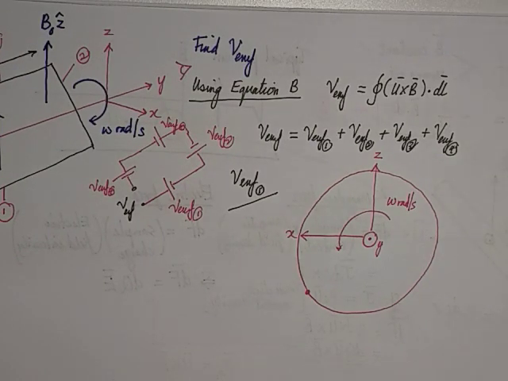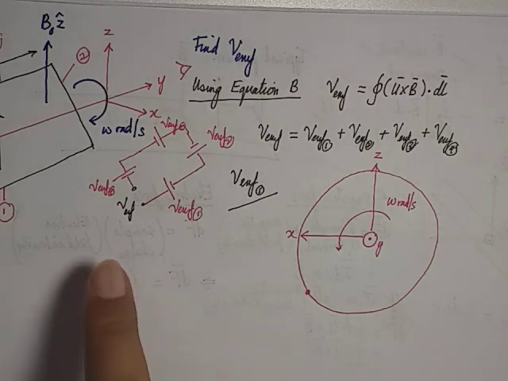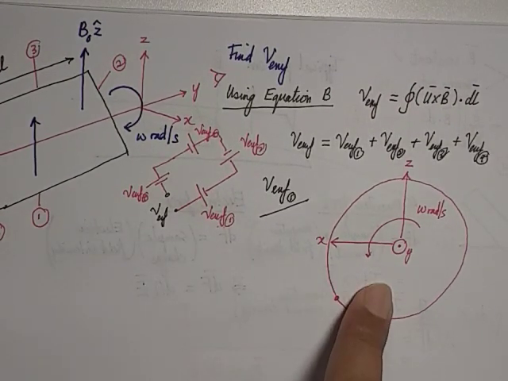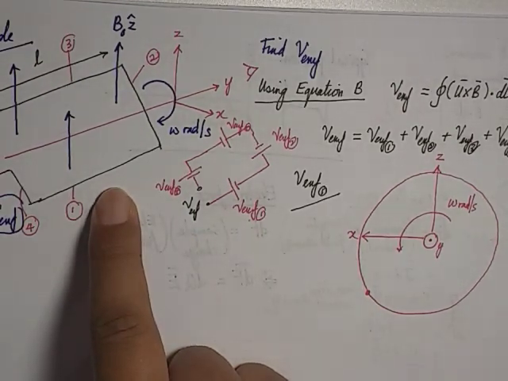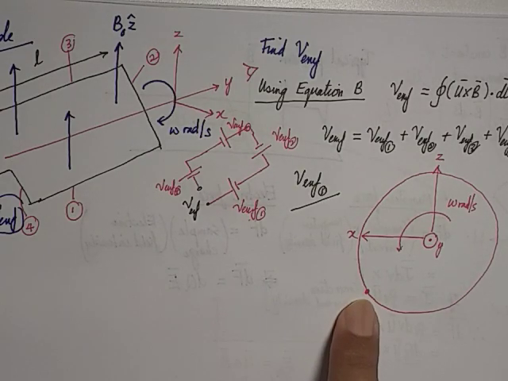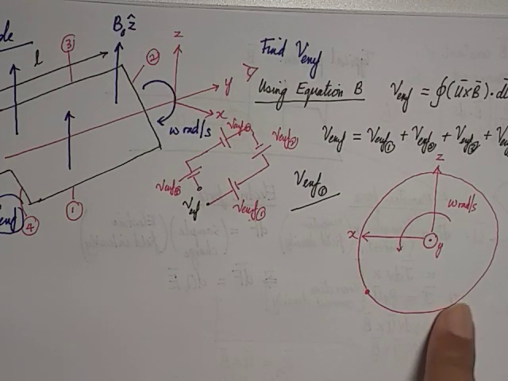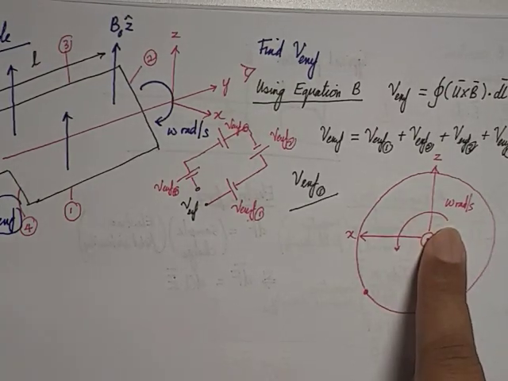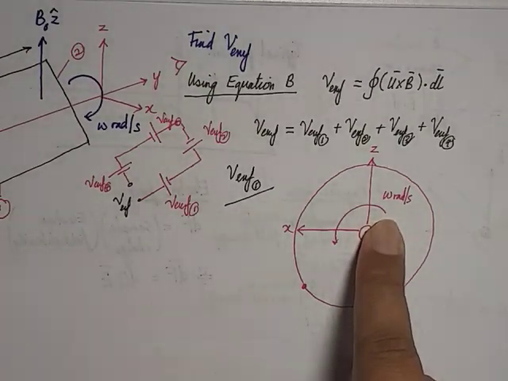We have redrawn this 3D problem into a 2D problem, but we are only focusing on finding the induced EMF of site number 1. Therefore, what we observe here as a dot is creating this circular motion with a speed of omega radian per second.